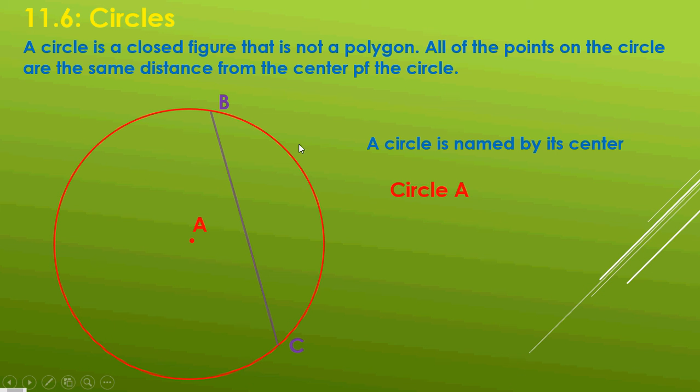So a line that doesn't touch the center is a chord. Okay? Chord. The name of a line or a segment that doesn't touch the point in the center is chord. In this case, this is segment BC.